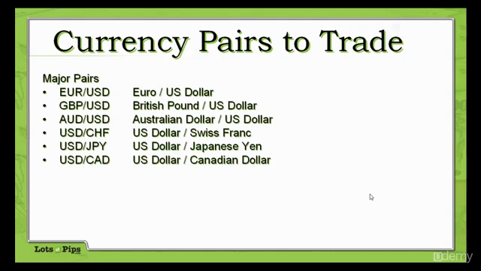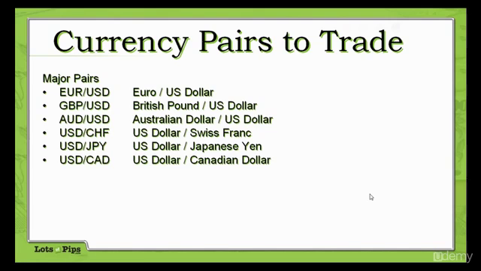First off, we've got our major pairs. The major pairs control most of the currency market. Out of these 6 pairs, most of the market is traded, the majority. So when we're looking at $2 to $3 trillion a day in currency movement volume, these are where it's at.